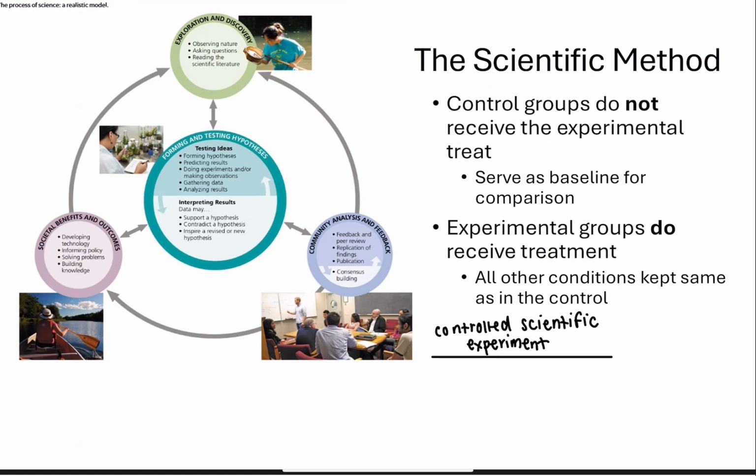It serves as a baseline for comparison. And we have another group that is called the experimental group. The experimental group is the one that does receive the variable or treatment that is being tested. And all of the other conditions are kept the same as in the control.